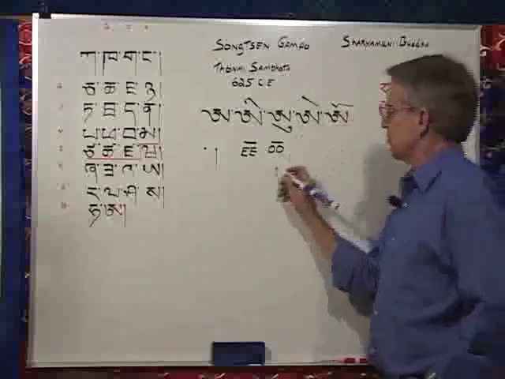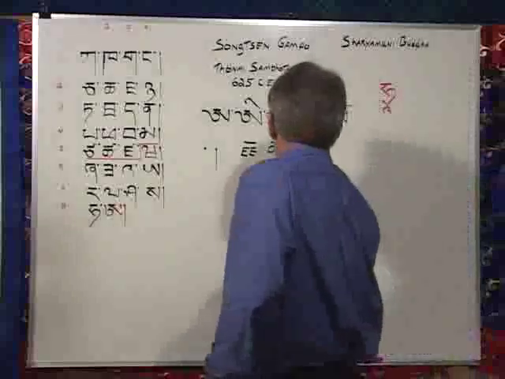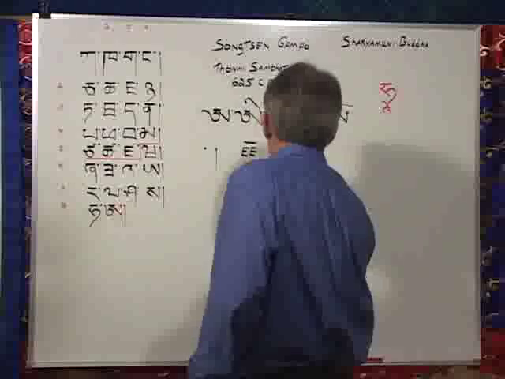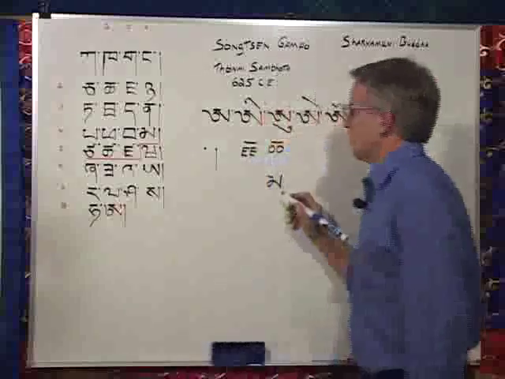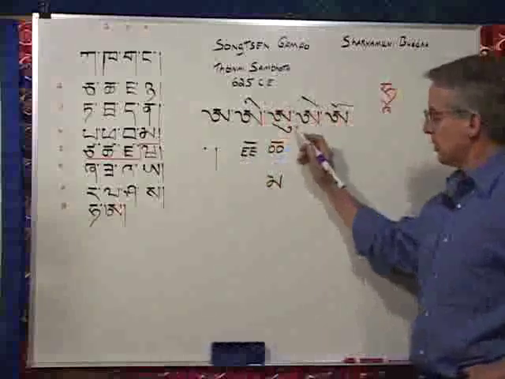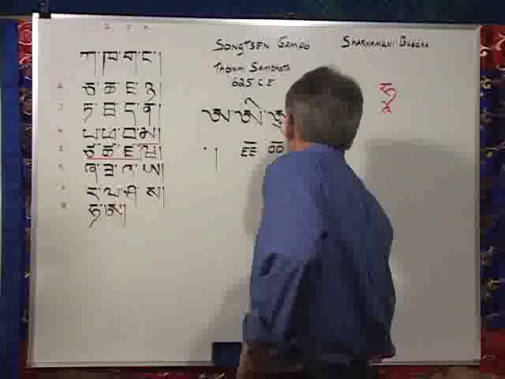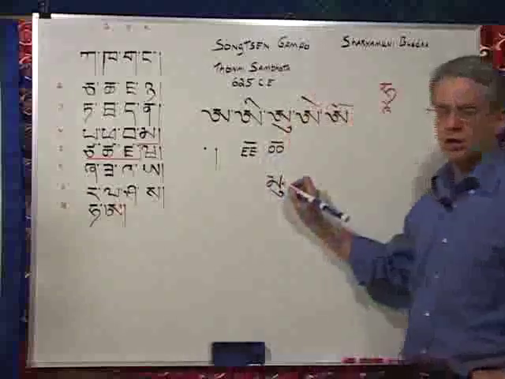So for instance, if we took the fourth letter in the fourth row, the ma, and put a shabkyu on it, we would change the sound from ma to mu.